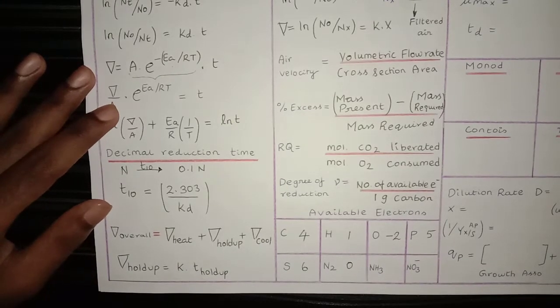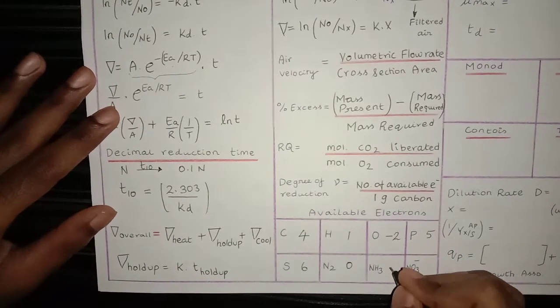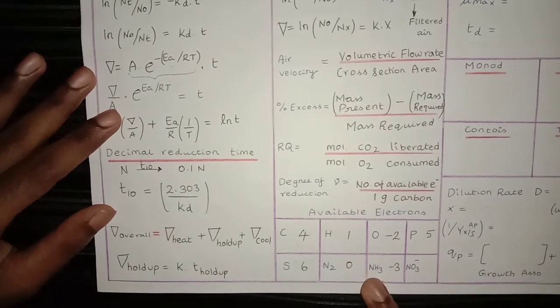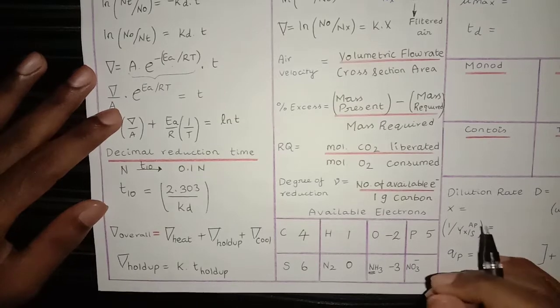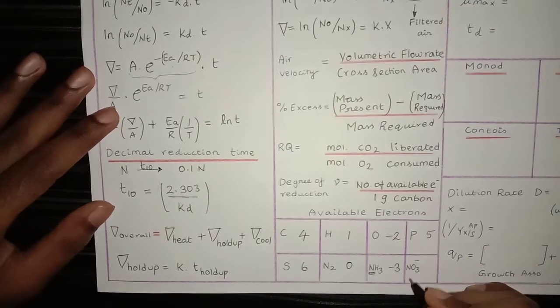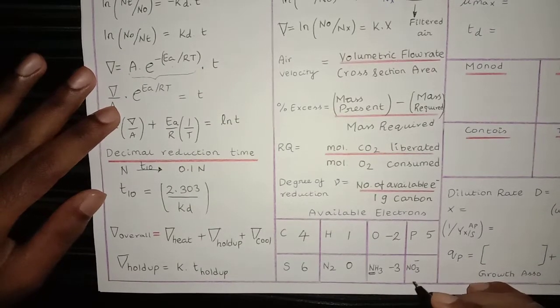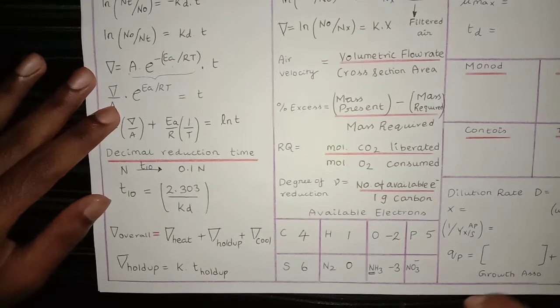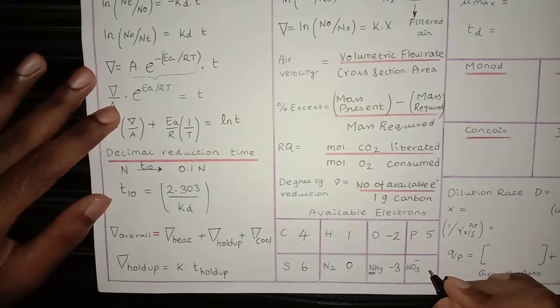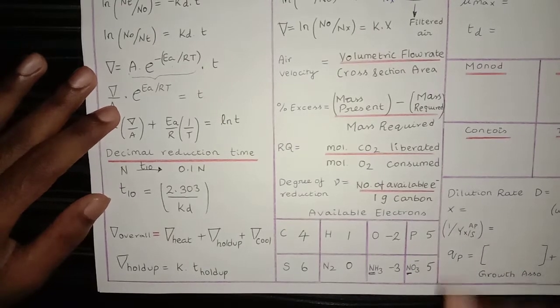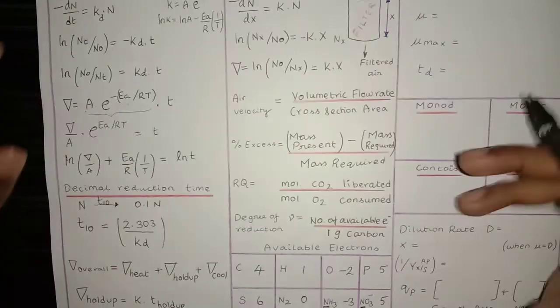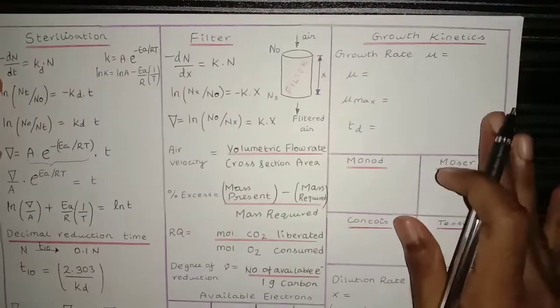In case of ammonia, it has -3. The nitrogen will have -3 electrons available. In case of N present as nitrate, 5 electrons would be available.